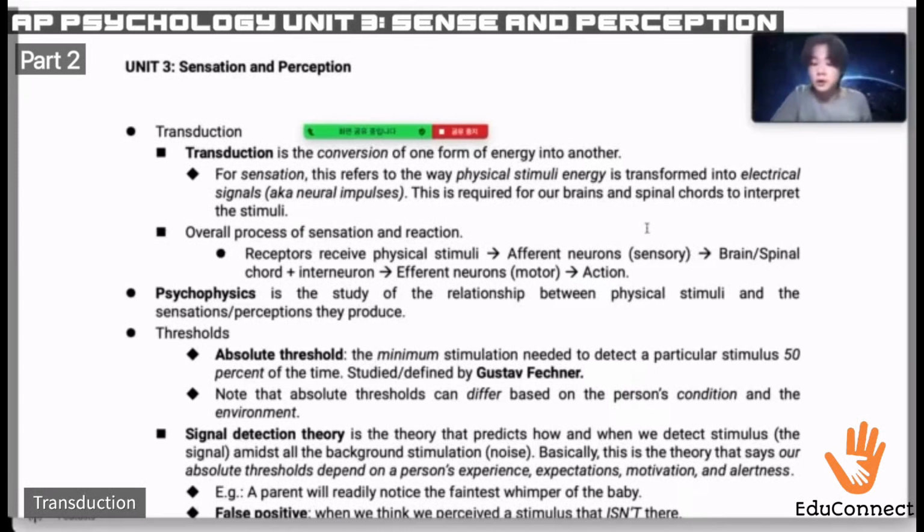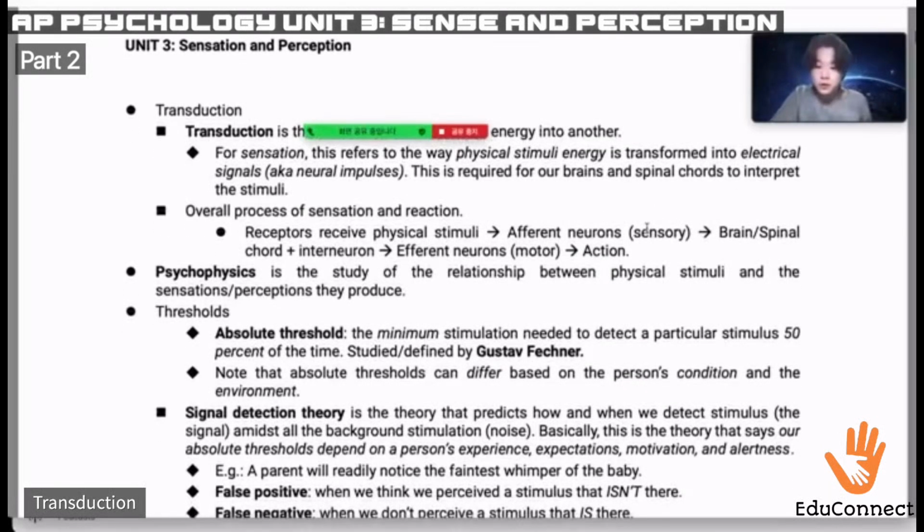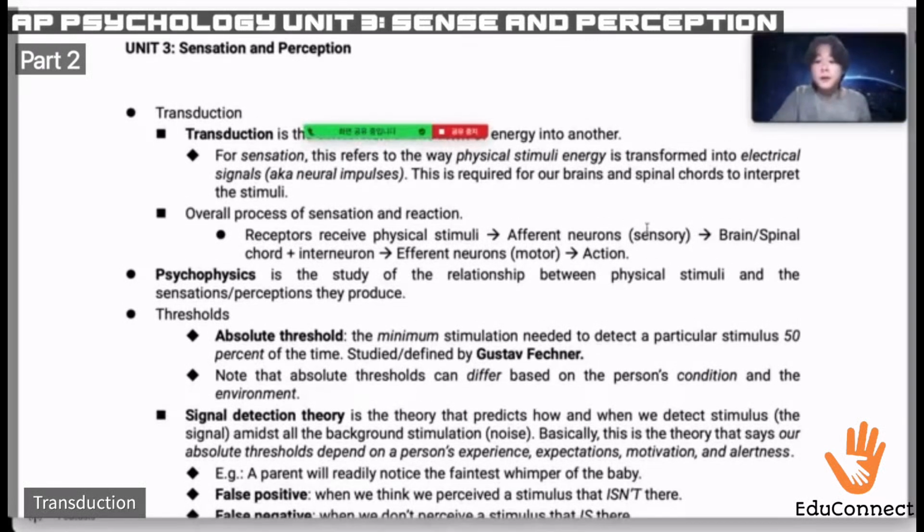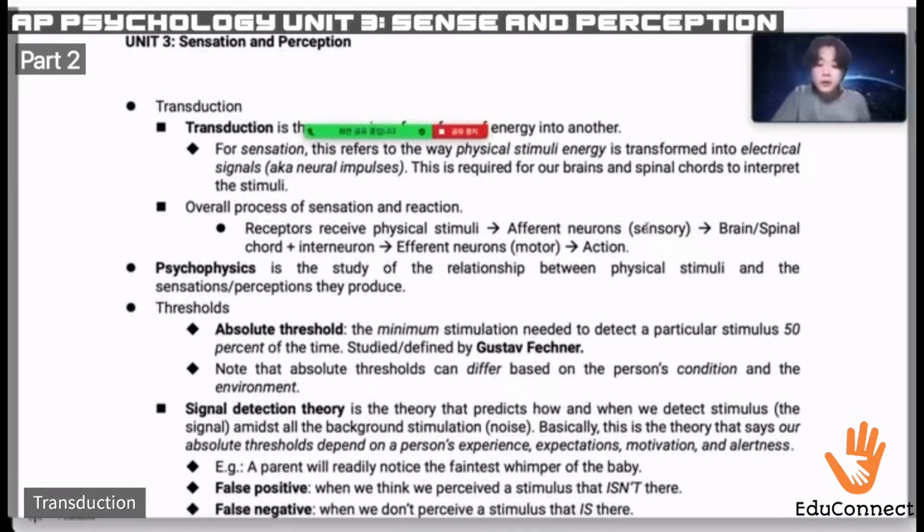So efferent neurons are actually in the motor cortex, and they are responsible for perceiving the information that you sense through your afferent neurons. Then your efferent neurons, with an E in the motor cortex, will lead you to actually engage in an action, to do something.